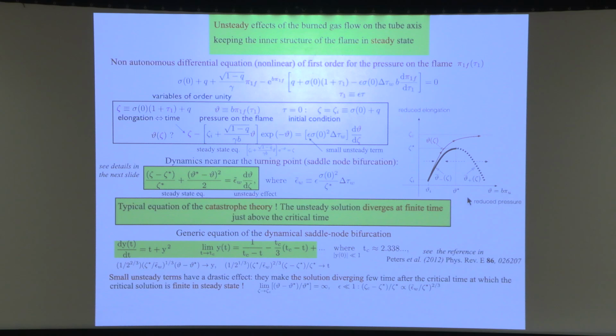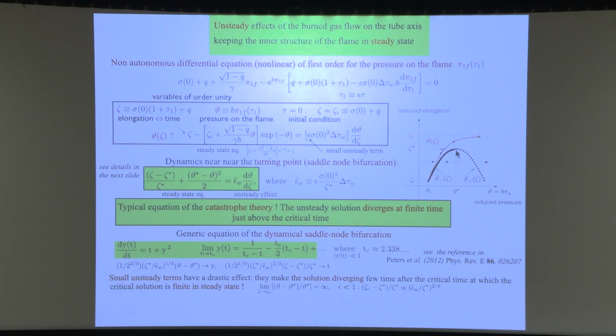Now, what is very important is that small and steady effects, very small and steady effects that I retain, have a drastic effect on the diverging solution. Because now it is not only the gradient of the flow which is going to diverge, it is the pressure.